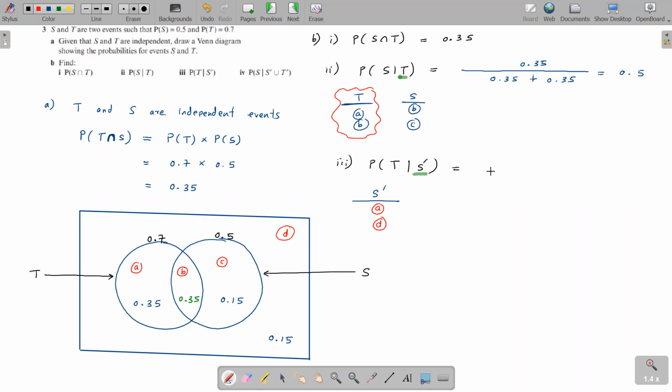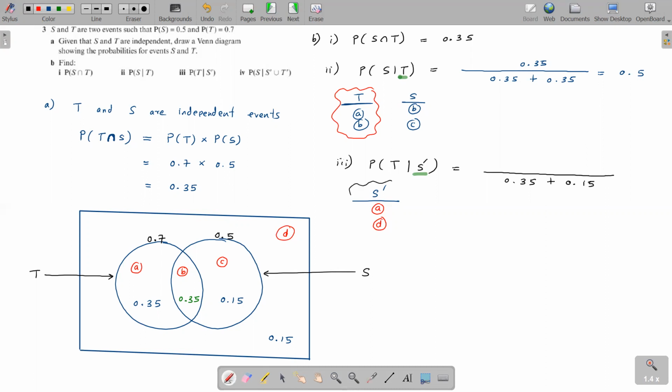So that should come to the denominator. A is 0.35, D is 0.15. And then S dash is done. So the probability of T.